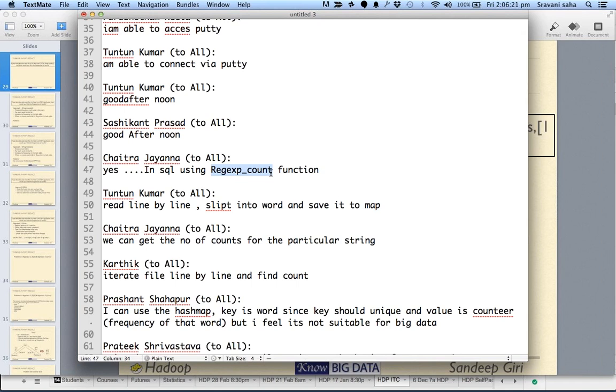Yeah, but that is searching for a word. I'm answering Chaitra. Chaitra says that using regexp_count, we can count the number of occurrences for a particular string. Yeah, but that is like saying Control F and then finding out how many times a word has occurred. What we want is to do the thing for all the words in the input text.